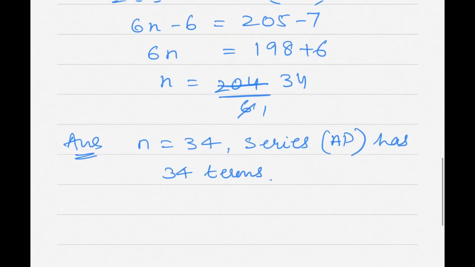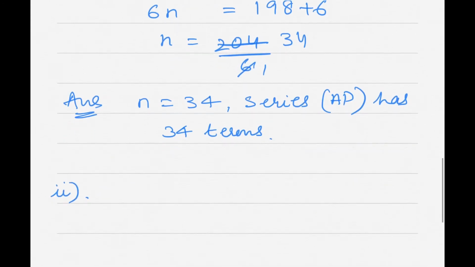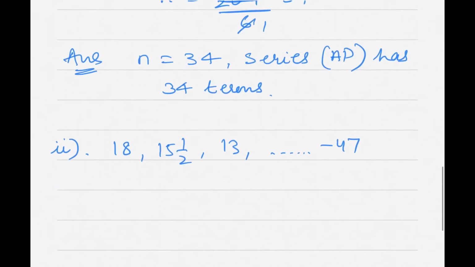Okay, now let's move to the second part of this question. The second part says AP is given. So we have the AP as 18, then we have 15 and half, then we have 13, and then it goes up to minus 47, the last term. Now let's start with the solution.